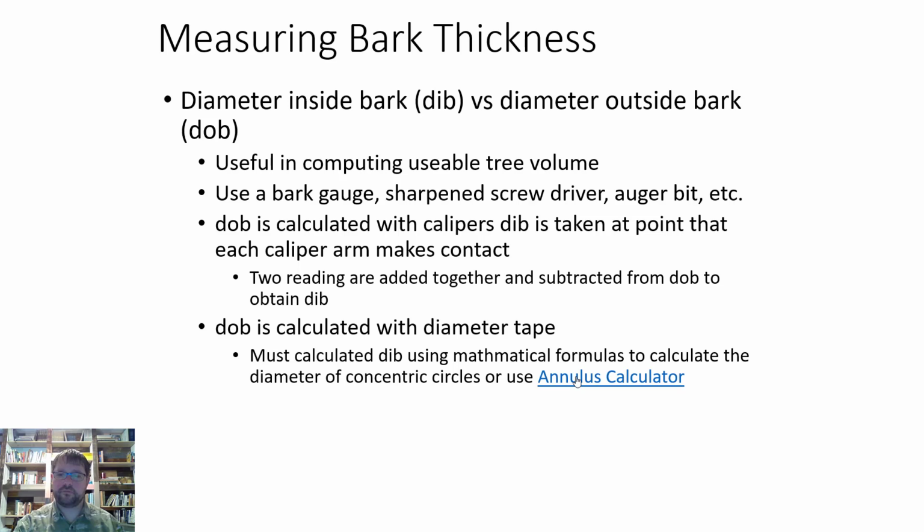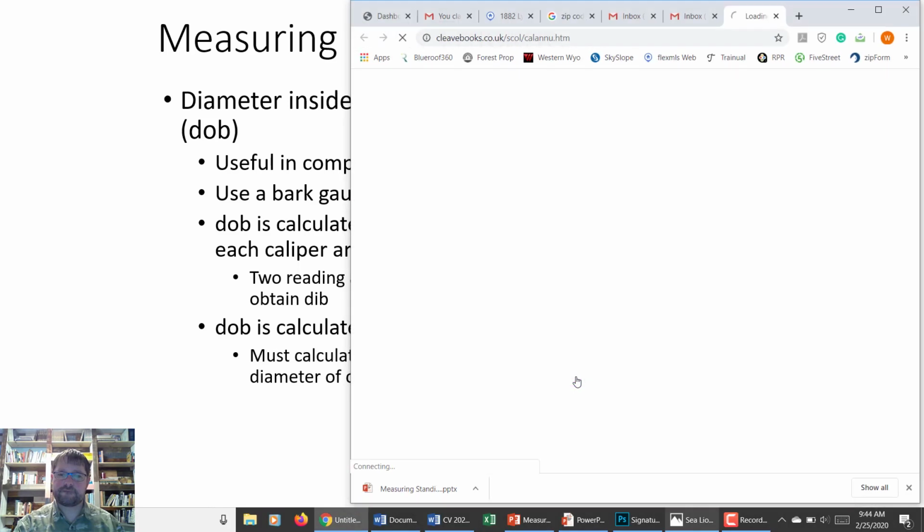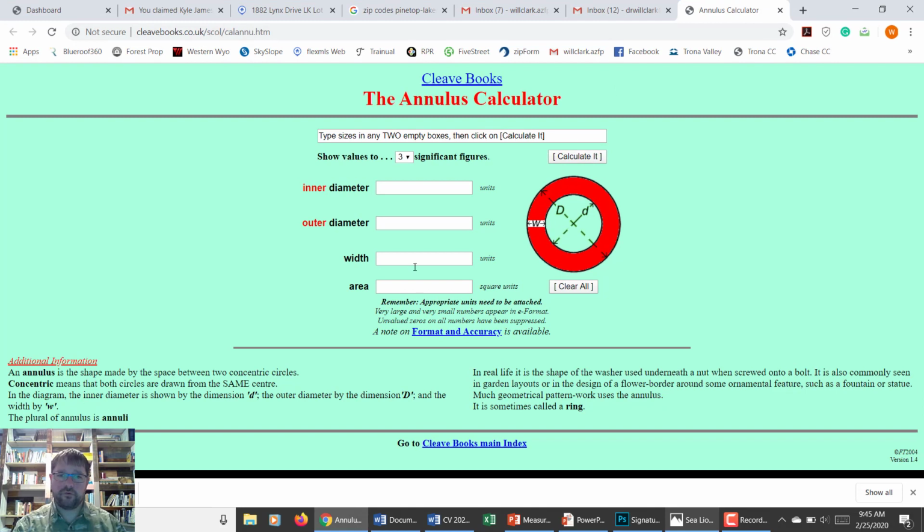Yeah, so if you're looking at these calculators, then maybe you're after the inner diameter. That's what you want. So let's say your outer diameter was 25 and the width of the bark, let's say it was 2, okay, and we don't know the area and we don't know the inner diameter, so then we can just calculate it. It gives us the area, okay, and it gives us the inner diameter.